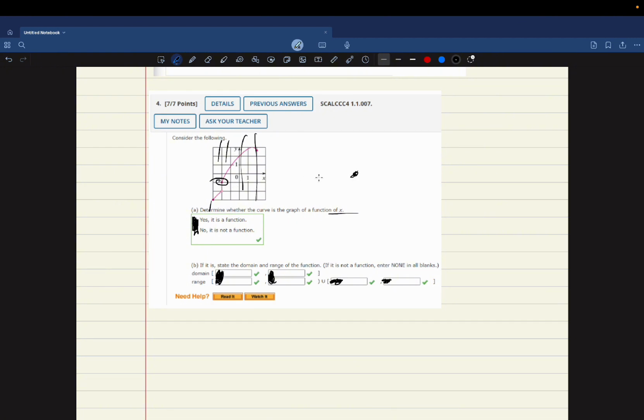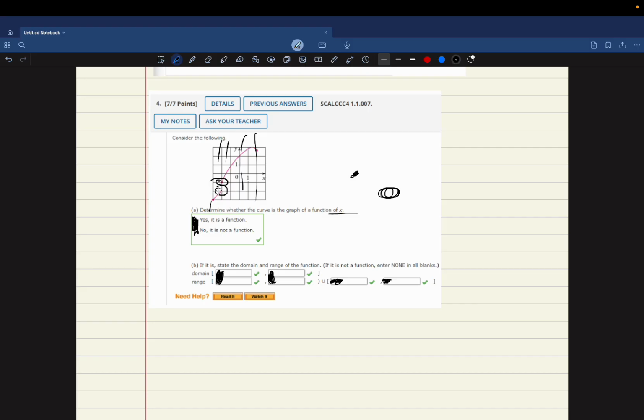Okay, so this is the denotation. But if you look at this below one, this is not included in the graph because it is not a filled circle, it is just a circle with an outline. So if it is a filled circle, then we know that this point is included in the graph.